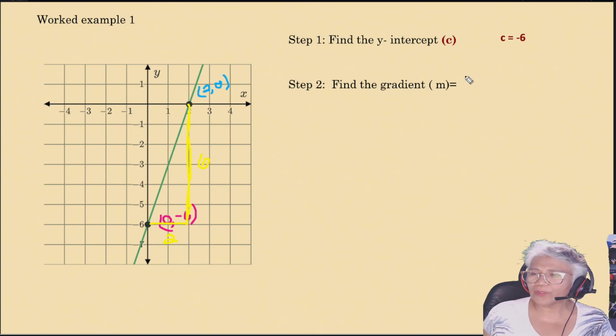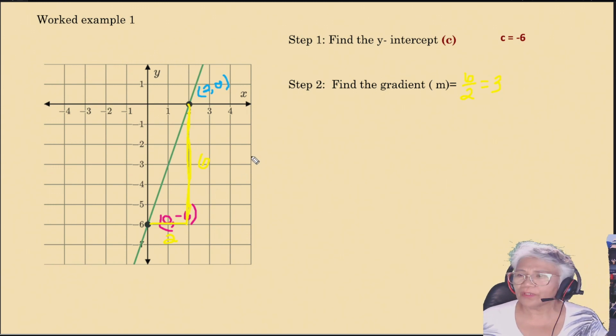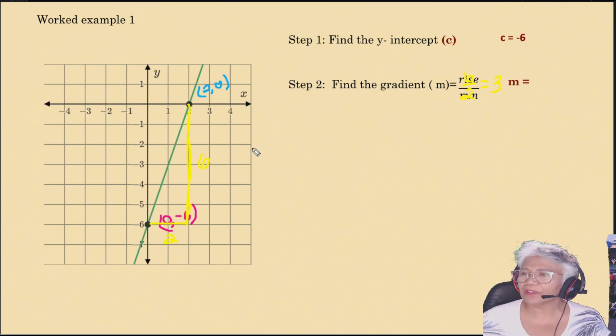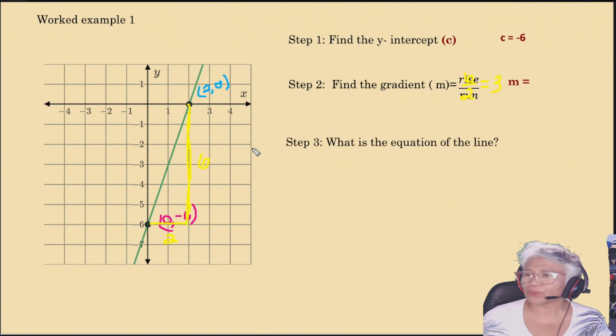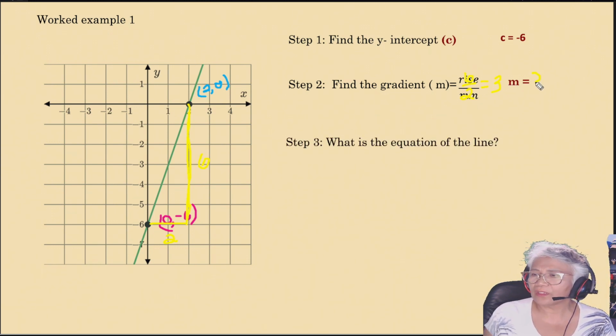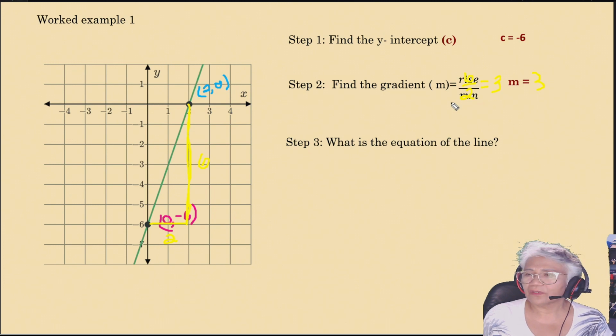Therefore this one would be 6 over 2. Therefore your m should be equal to 3. Okay, so that's how we get the gradient of the line, so m is equal to 3.